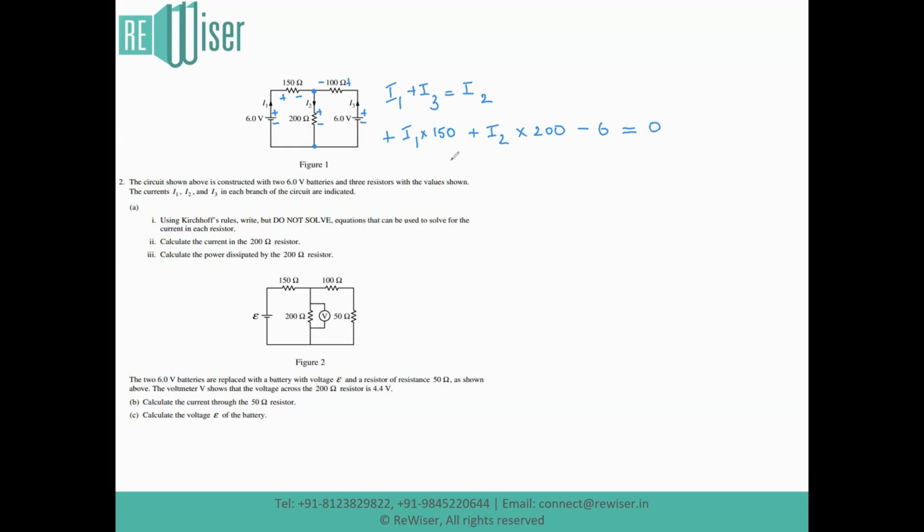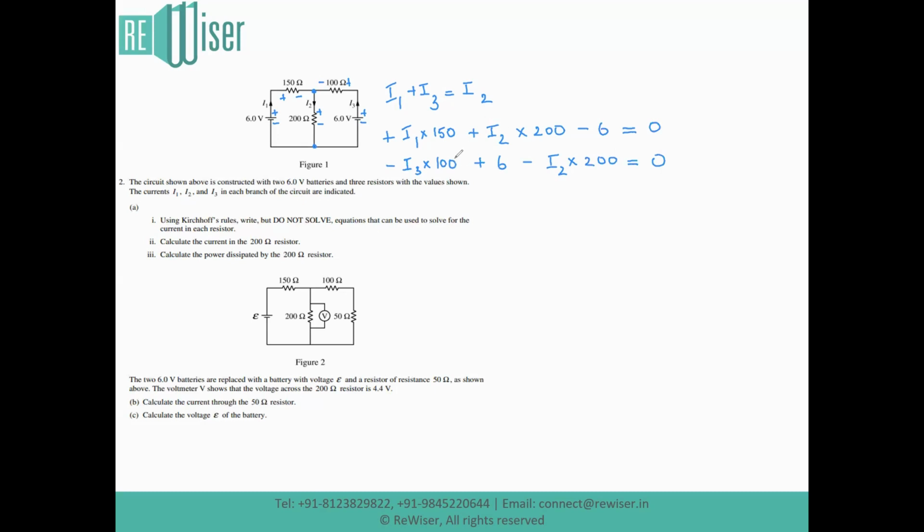The same can also be written for loop 2. We again start from the top left corner, going clockwise. We start with minus I3 times 100 plus 6 volt minus I2 times 200 gives us the equivalent of 0. Here we notice that we in fact have a system of linear equations.